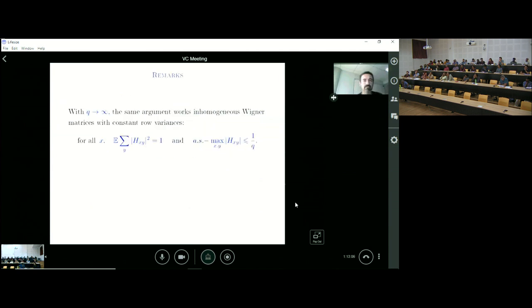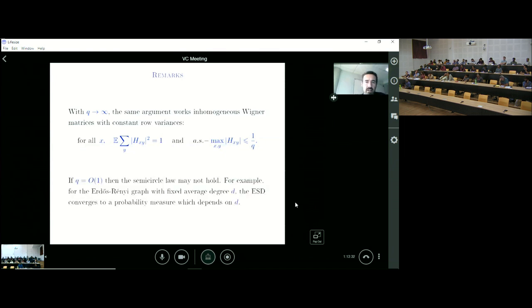Some final remarks. You can extend the same proof to inhomogeneous Wigner matrices which have constant row variances, so centered matrices where the sum over a row of the squares of the entries is 1. Then if q goes to infinity, you obtain the Wigner semicircular law.